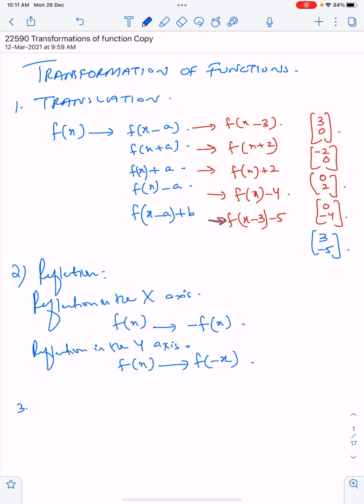The third thing is stretches. The first thing here is going to be stretch parallel to the y axis.